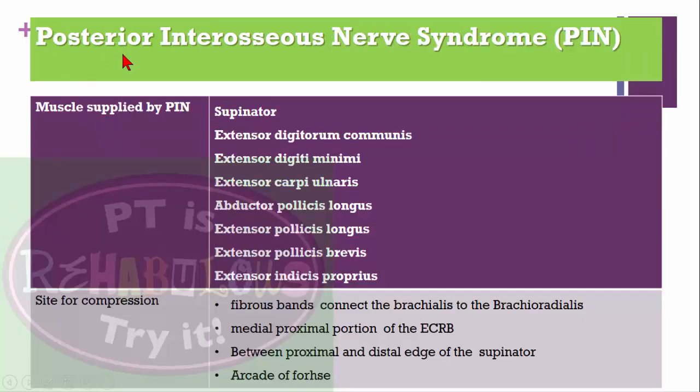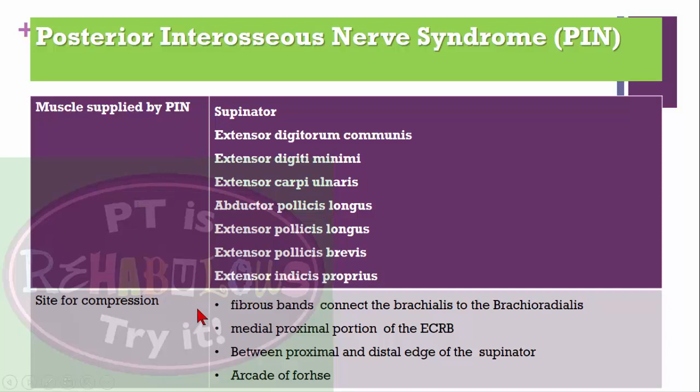Let's learn posterior interosseous nerve syndrome. Supinator, extensor digitorum communis, extensor digiti minimi, extensor carpi ulnaris, extensor pollicis longus and brevis, and indicis plus abductor pollicis longus are supplied by the posterior interosseous nerve.